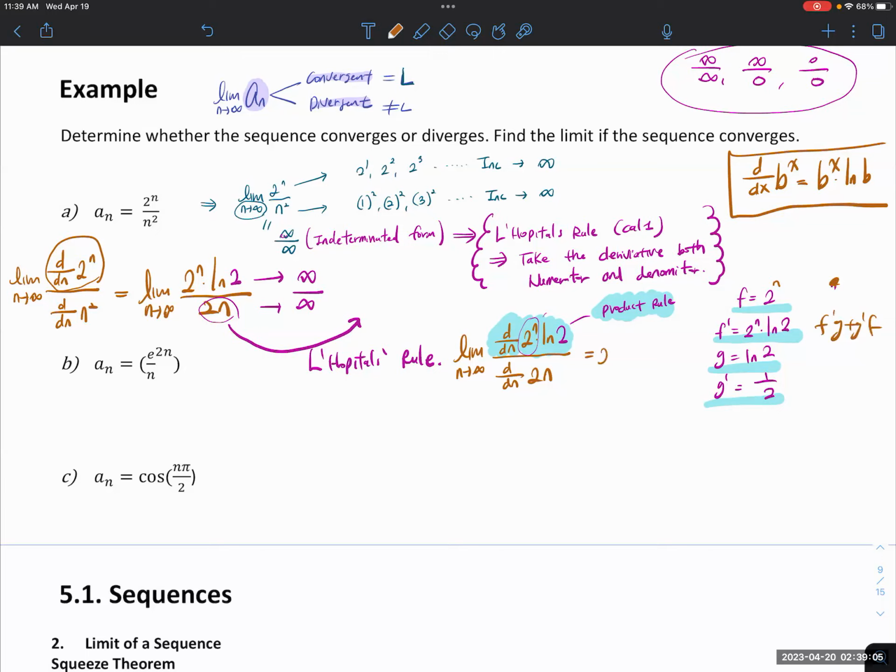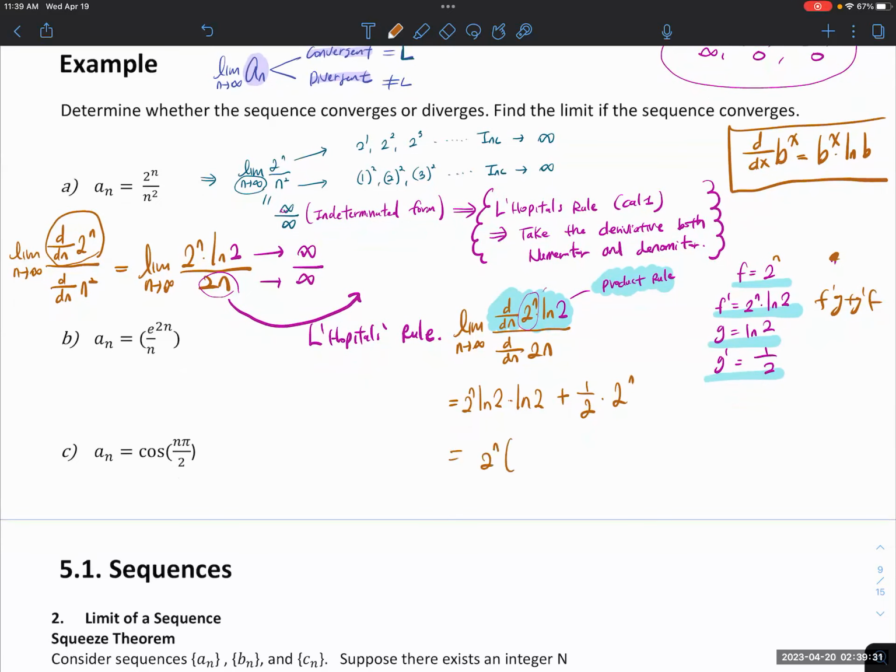F prime 2 to the n ln 2 times g, ln 2, plus g prime 1 over 2 times f, we have a 2 to the n. So if I rewrite it, 2 to the n ln 2 to the second plus 1 over 2, 2 to the n. And then just so you know, that's your numerator, right?